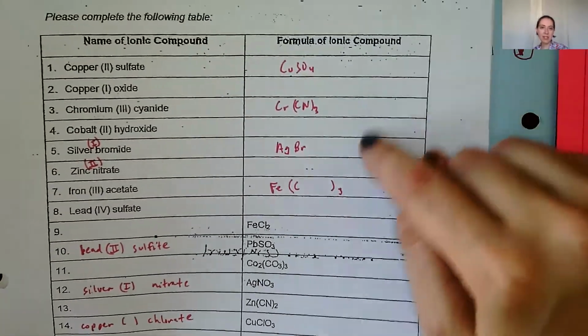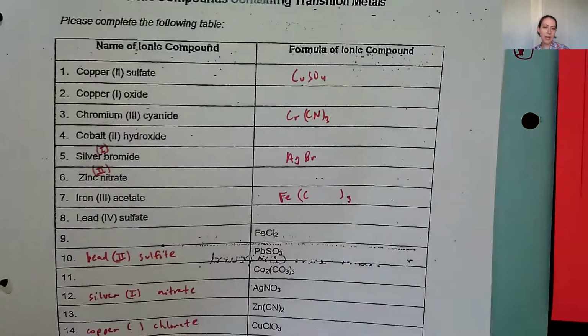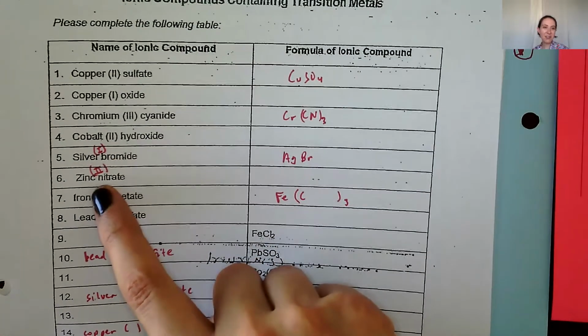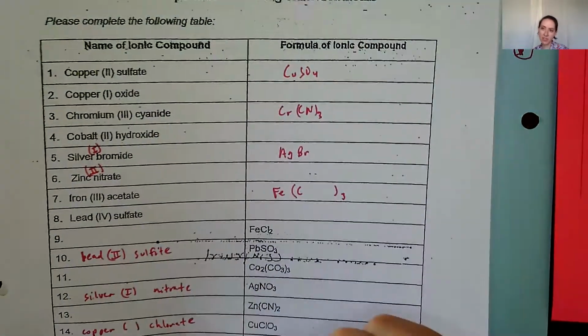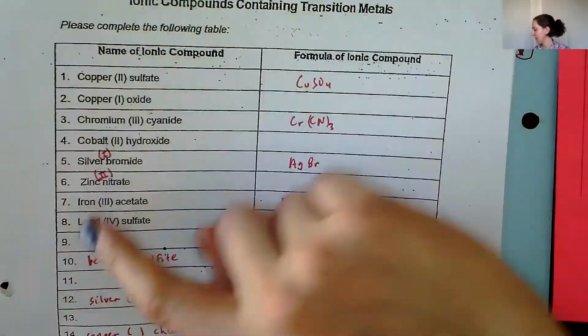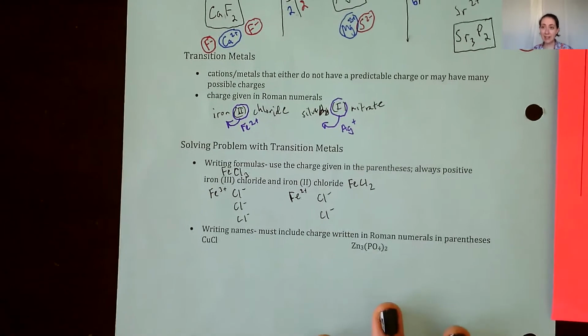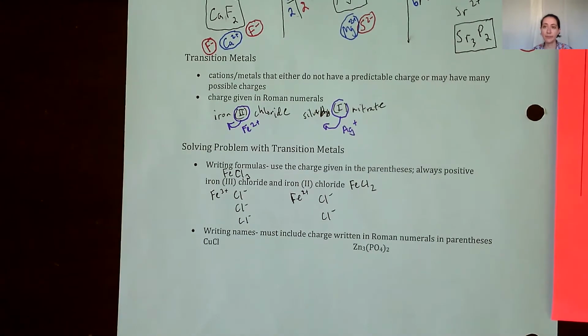So you can see I've already done a few of them. Again, these numbers tell you what's up. They forgot to tell you the silver and the zinc. Technically, silver is always +1 and zinc is always +2. So you could memorize it, but you're not going to memorize it. So if you want to pause this video and work on those and then come back, we're going to talk about writing the names. So we'll wait for you.